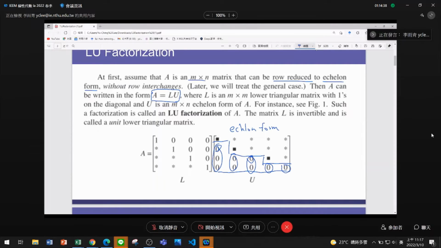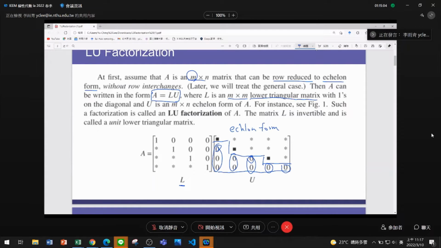And L stands for an n by n matrix, where n is the size of matrix A, n by n. This is a lower triangular matrix with ones on the diagonal. So this is an example of this lower triangular matrix.